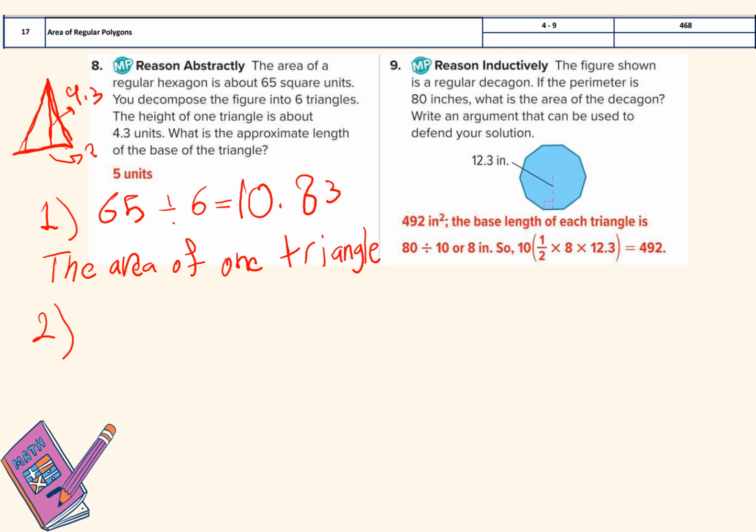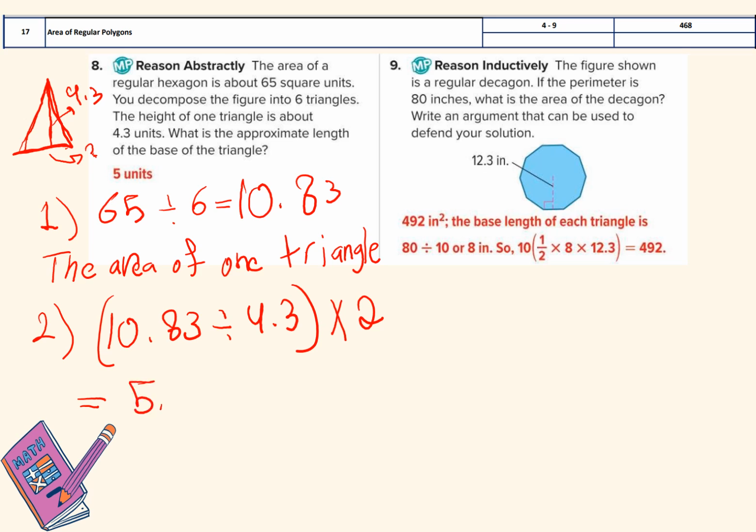Instead of multiplying by the height, I will be dividing the area by the height. And instead of dividing by 2, now I'll be multiplying by 2. So this is very important. Don't forget to multiply by 2 at the end. So the answer is going to be 5.03, which is approximately 5 units. So that's it for question 8.